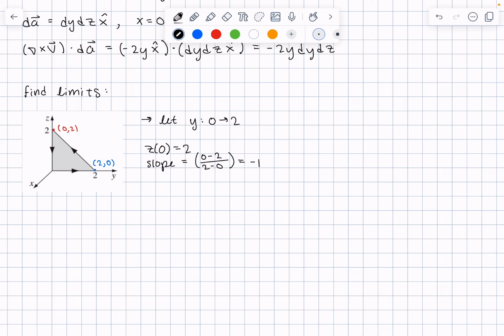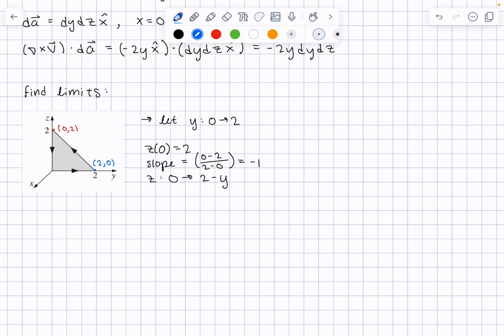So therefore, z will be going from 0 to 2 minus y, as negative 1 is our slope. And that is going to be the boundary for z, as z goes from 0 all the way up to this line, which we defined as z equals 2 minus y.